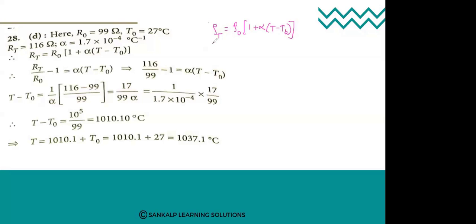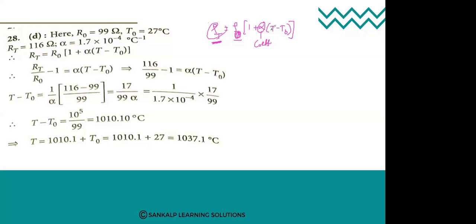T is the given temperature, and alpha is a constant. This is called the temperature coefficient of resistivity.